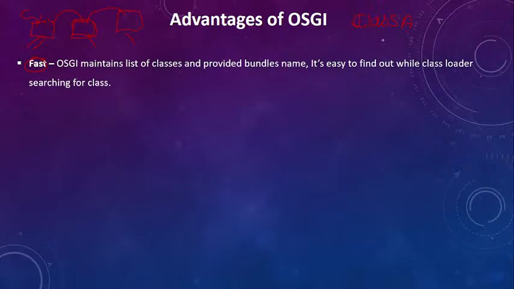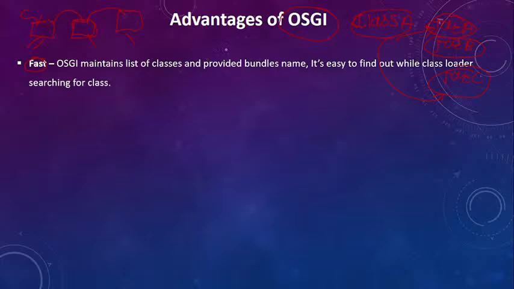This class is present inside jar A. Here we have a jar B as well, and a jar C. Before OSGi, Java would first try to find class A inside jar A, then try B, and after that C. If the class is present inside C, it first searches jar A, then B, and only then C. But in AEM, this OSGi will not do that.